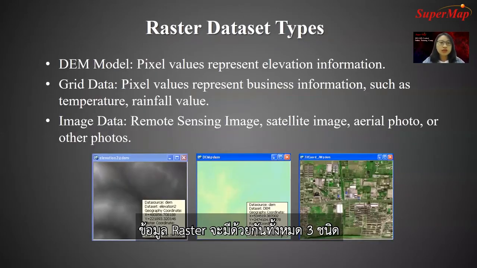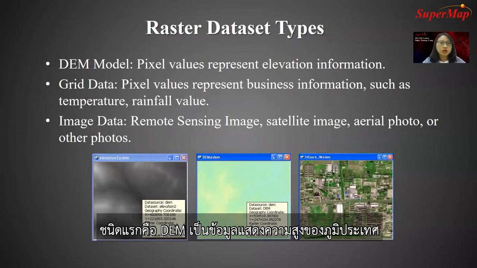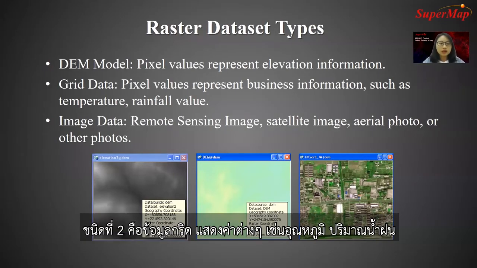So there are three types of raster datasets. The first one is the DEM model, where the pixel values represent elevation information. The second one is the grid data, where the pixel values represent business information, such as temperature, precipitation value, and others.